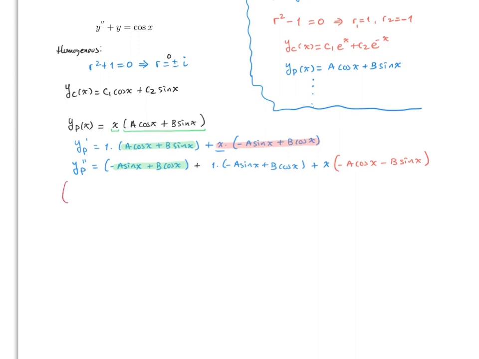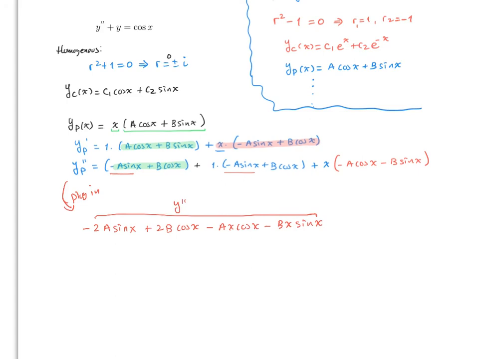So if we plug it into the equation and simplify, we will have minus 2a sine x plus 2b cosine x, and then you're going to have minus ax cosine x minus bx sine x.